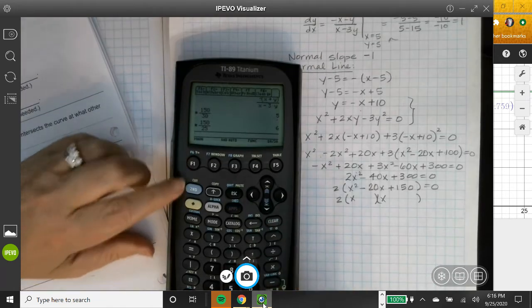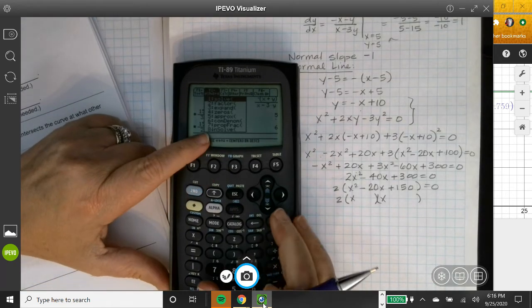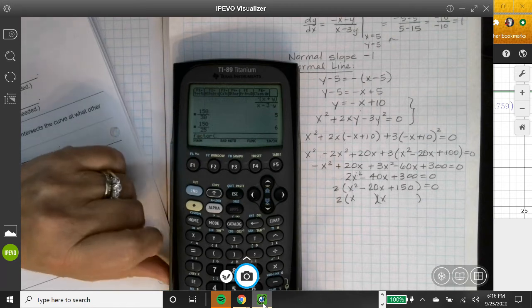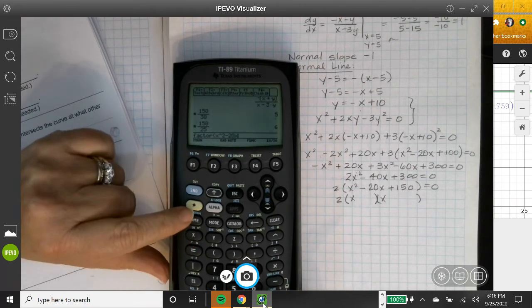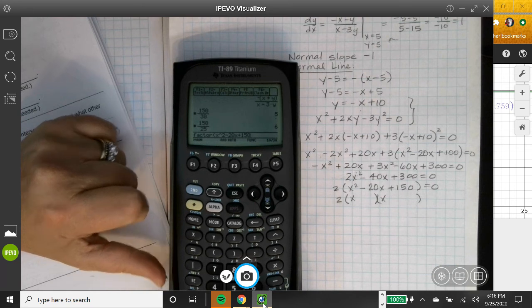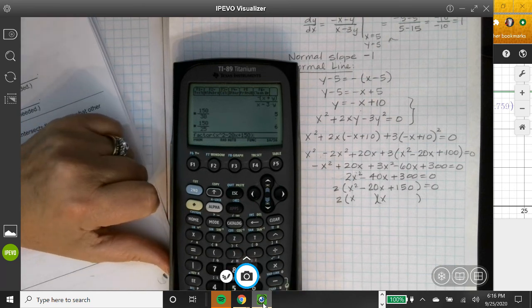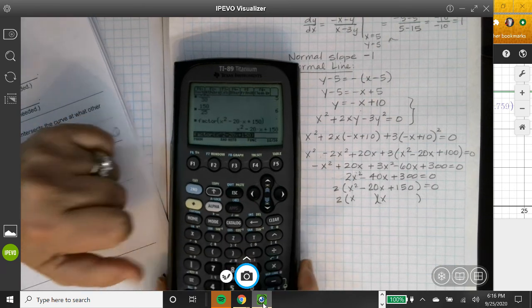All right, for the purposes of this video, we're going to see if it factors by hitting the factor command. X squared minus 20x plus 150. That doesn't factor, it's prime.